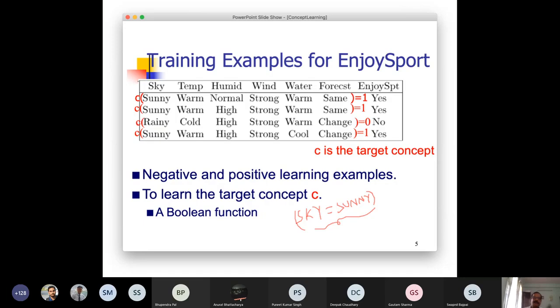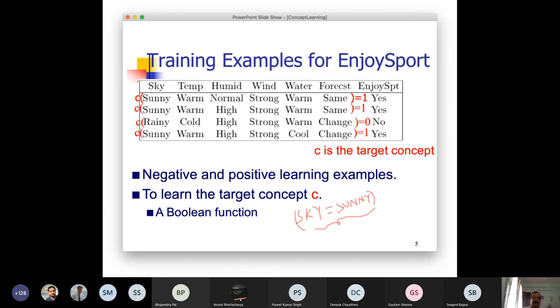Similarly, you have other attributes like temp equals warm, humid equals normal, wind equals strong, water equals warm, forecast equals same. These are all variables. Now, when we write this in the form of a function, it implicitly represents those variables. It is basically showing you the attribute values.